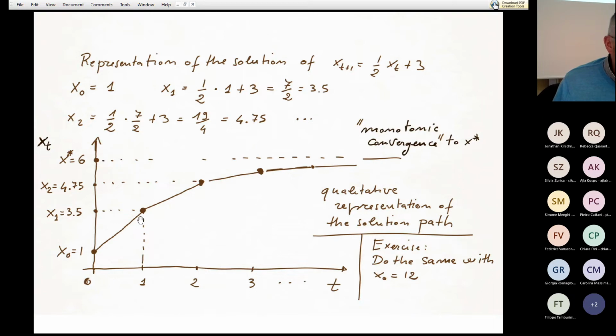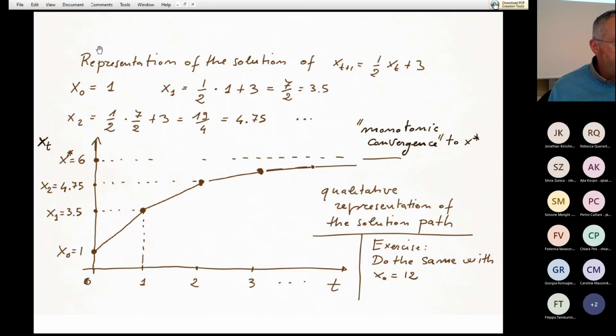And the reason why the time path converges to the steady state is that the coefficient A is less than 1 in modulus. In particular, here it is positive. So less than 1 in modulus means convergence. If it is also positive, it means monotonic convergence. Monotonic means if I start below, I will remain below, but I will approach the steady state.